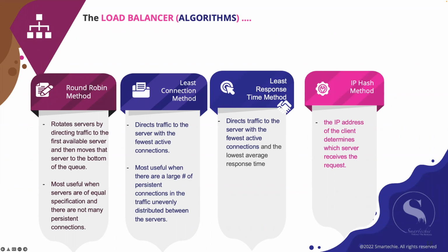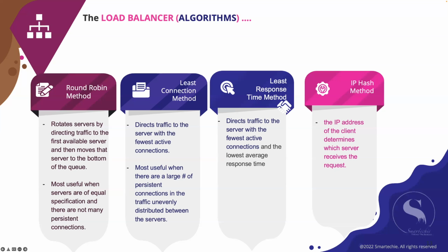The fourth algorithm is the least bandwidth method. That is a relatively simple algorithm as well. It looks for the server that is currently serving the least amount of traffic, as measured in megabytes per second. Similarly, the least packets method selects the server that has received the fewest packets in a given time period.